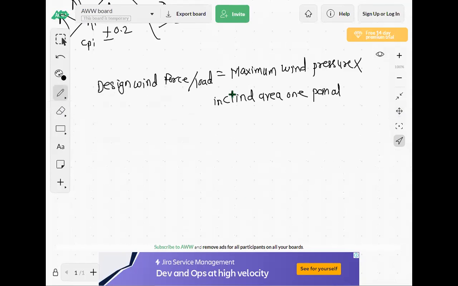Okay. Now, so maximum wind pressure is 1026.39 into, now we have to calculate inclined area of one panel. So how to calculate inclined area of one panel? As I told you, this is your ridge.